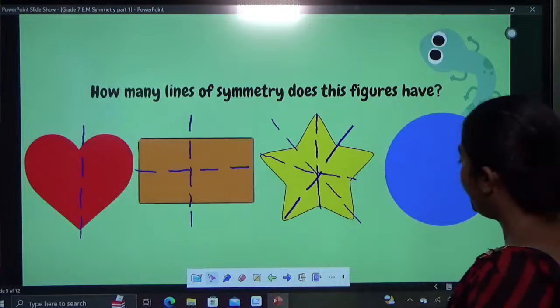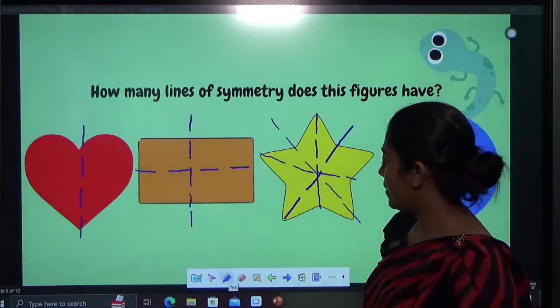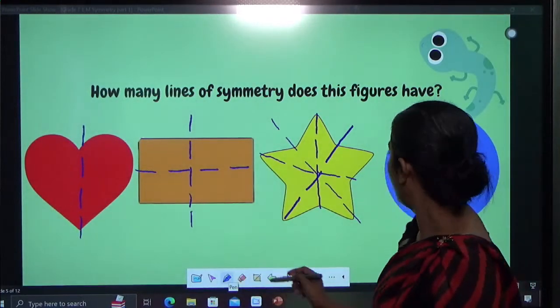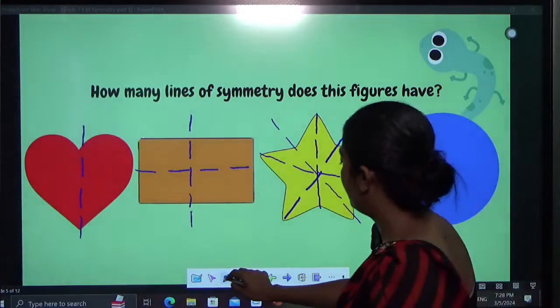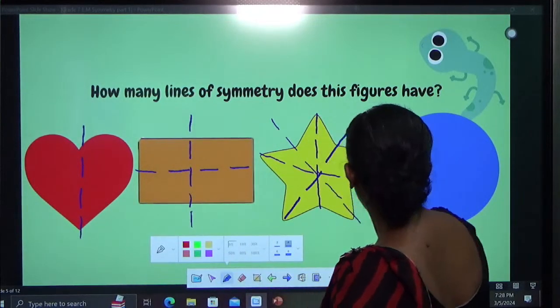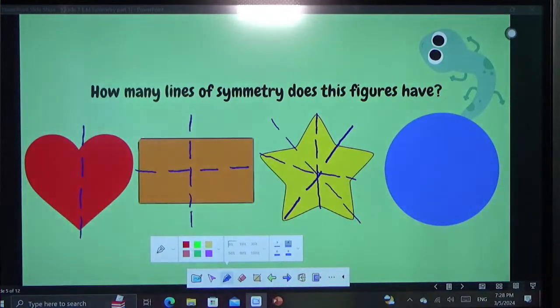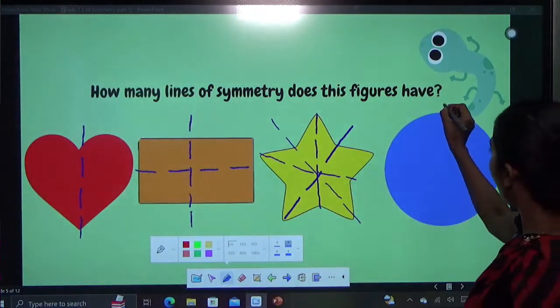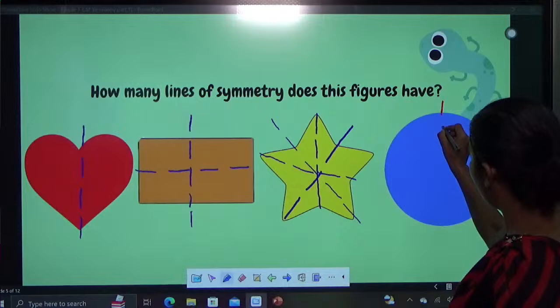Okay, now we'll see. When we consider the circle, how many symmetrical axes can we draw?